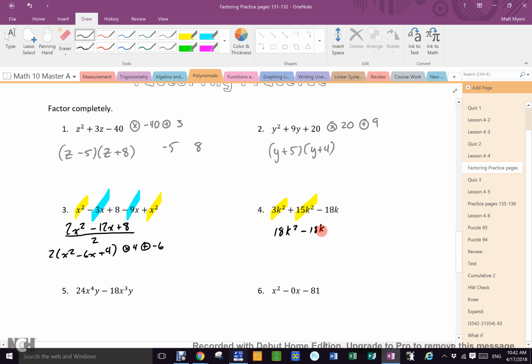Now what do you notice? What's the number that's in both of them? 18. What's the letter that's in both of them? Which means I can take out an 18k from both sides, can't I? What goes out front? 18k. What goes here? K. What do we write when we have the same thing, but we can't leave it blank? Minus 1. Everybody good?